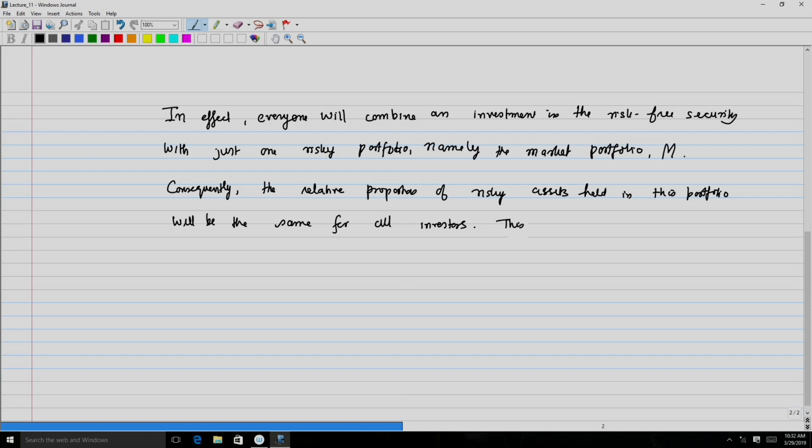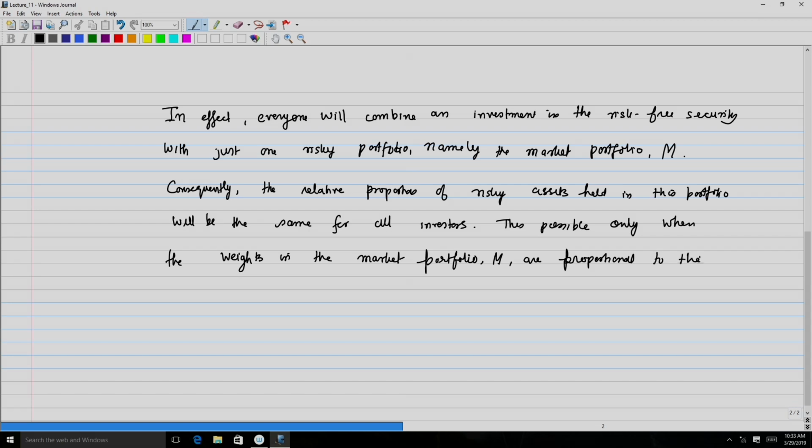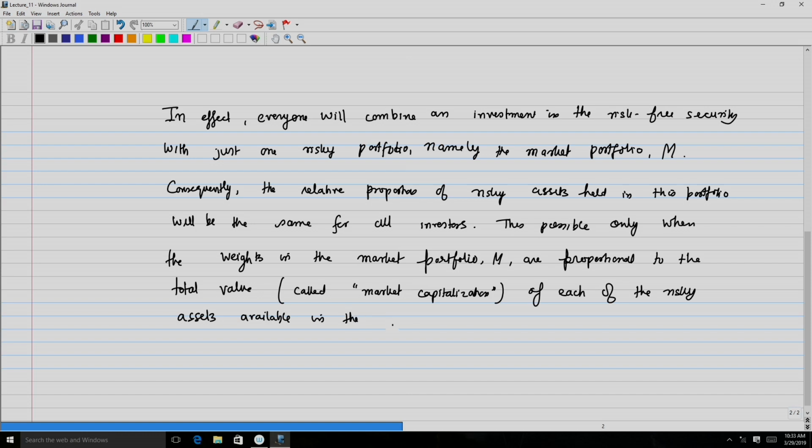So, this is possible only when the weights in the market portfolio M are proportional to the total value called market capitalization of each of the risky assets available in the market.